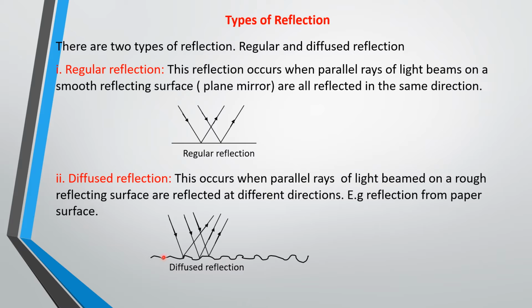Such reflection is what is called diffuse reflection. But the one that happens on a smooth regular surface is known as regular reflection. Okay, so now what are the laws of reflection? That is what we want to discuss now.